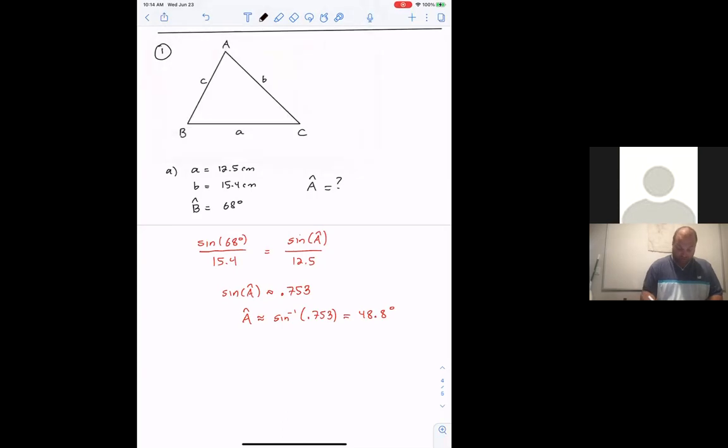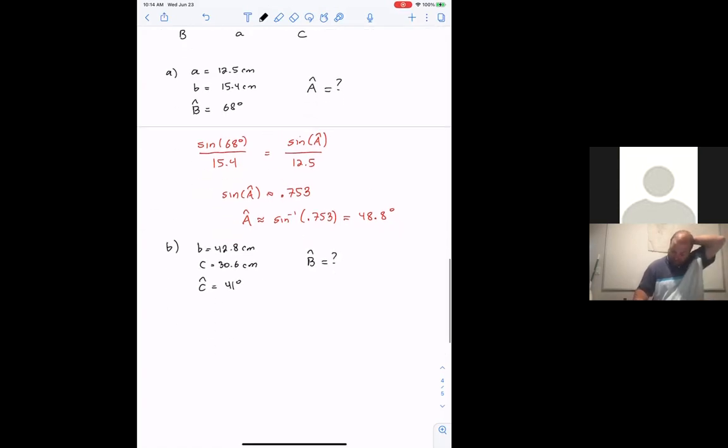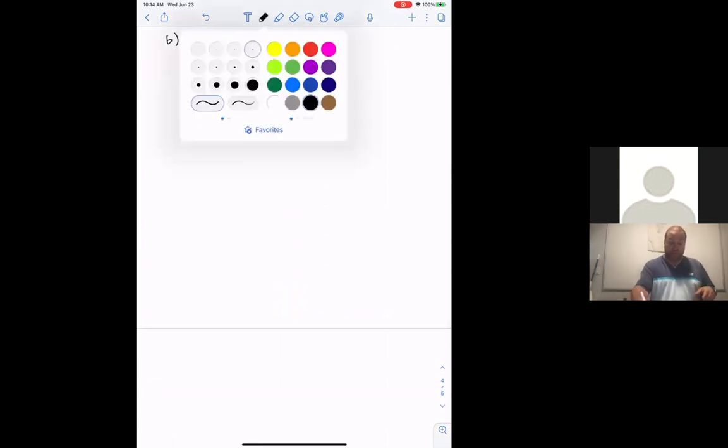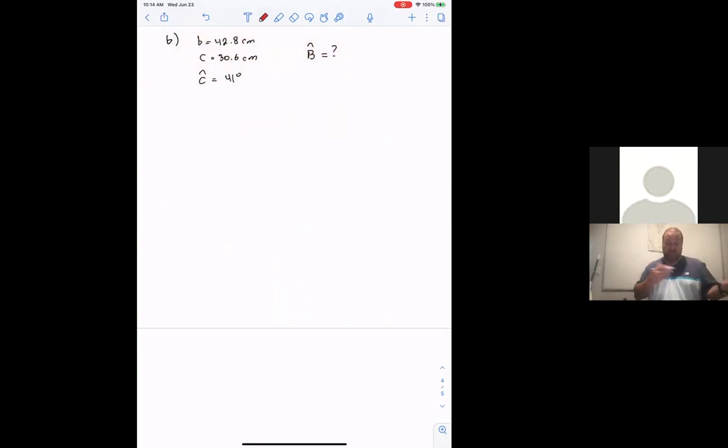Question B, same picture. This one, I'm given B is equal to 42.8 centimeters, C is equal to 30.6 centimeters, and C hat is equal to 41 degrees. And the question says, find B hat. I don't even need the picture. The beautiful thing about labeling them as ABC is I can immediately see pairs. C and C hat is a pair, B and B hat is a pair.